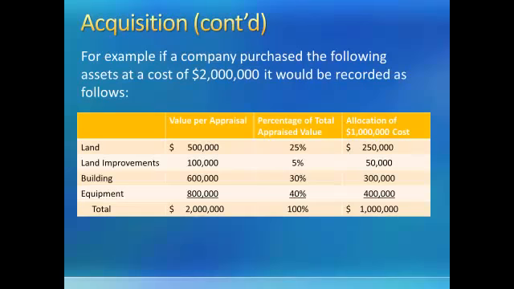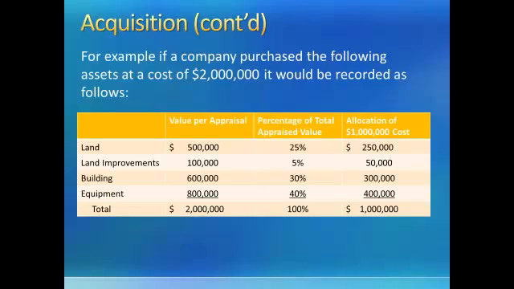If our purchase price was $1 million, that would suggest we got a pretty good deal relative to fair market value, but we need to record the assets on our books at the purchase price, not the fair value per the appraisal.